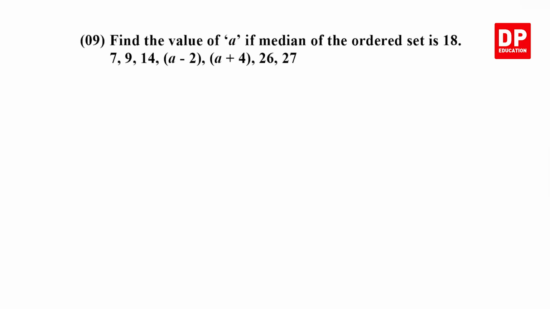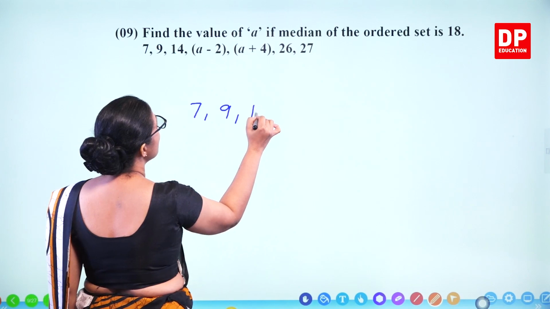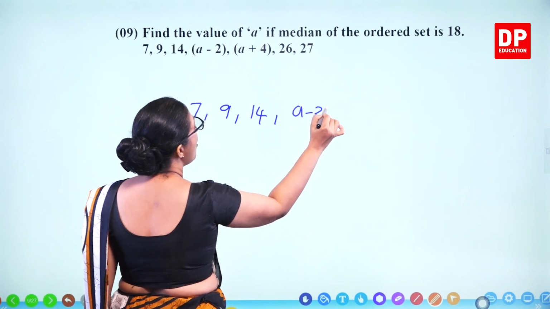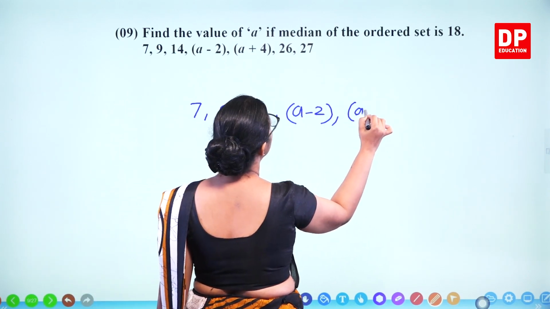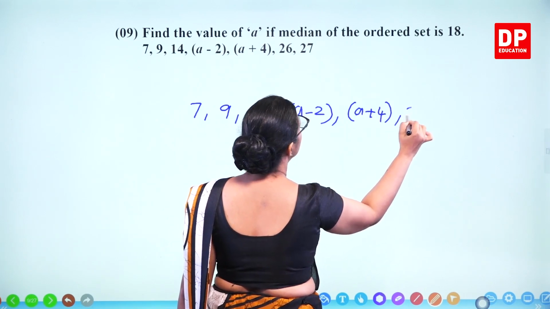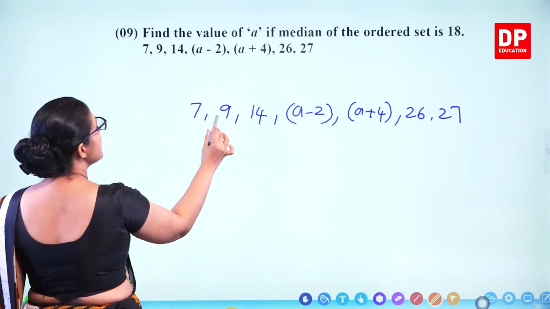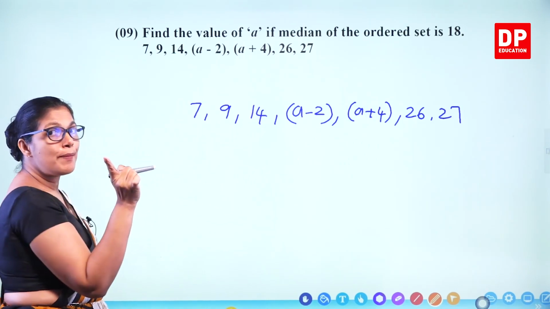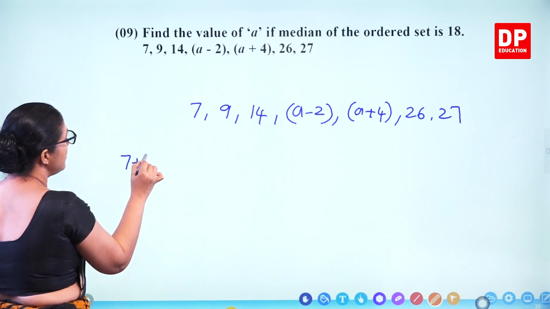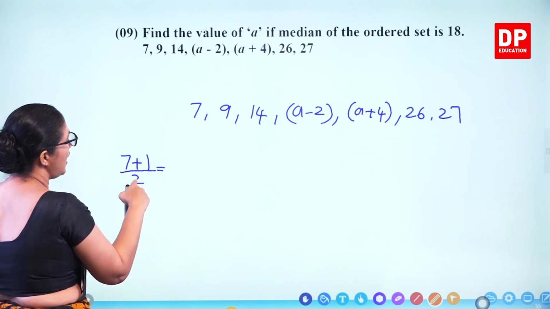Question number 9. Find the value of a if median of the ordered set is 18. This is ordered set. So how many terms are there? 1, 2, 3, 4, 5, 6, 7. How we find out the median? Add 1 and divide by 2. 8 divided by 2.